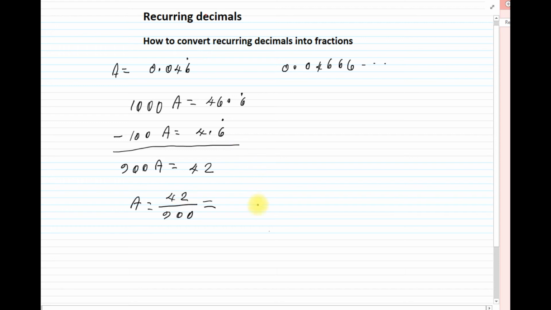And this will simplify to 7 over 150, because 42 is 6 times 7, so it's divisible by 6, and 900 is divisible by 6, and that makes 150. So 0.046 with a dot on top can be written as a fraction as 7 over 150.